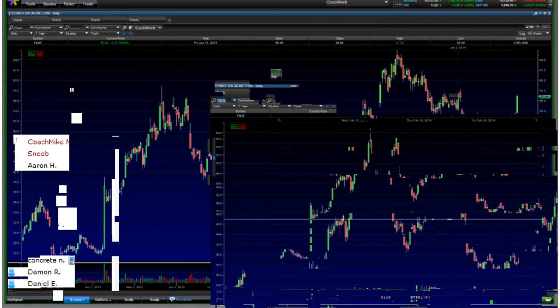So if you know you're going to do that, why not trade it properly even if it is slightly longer term? Somebody give me one that you guys have been trading over and over and over again.